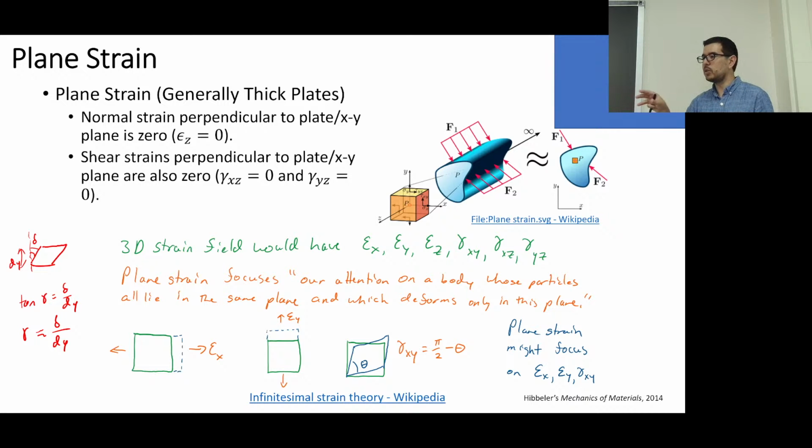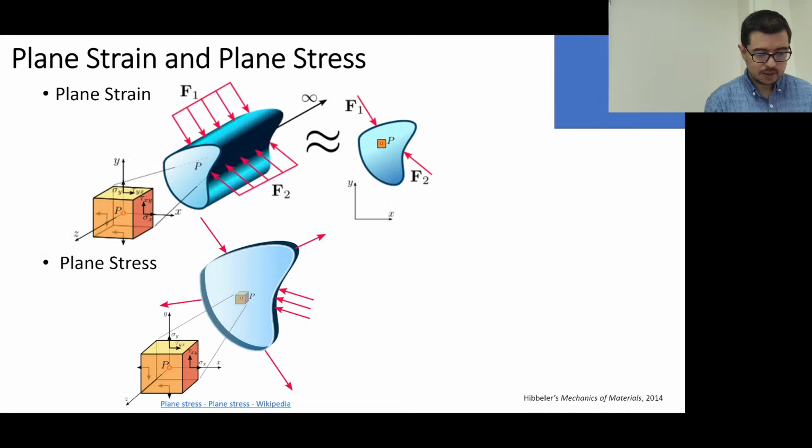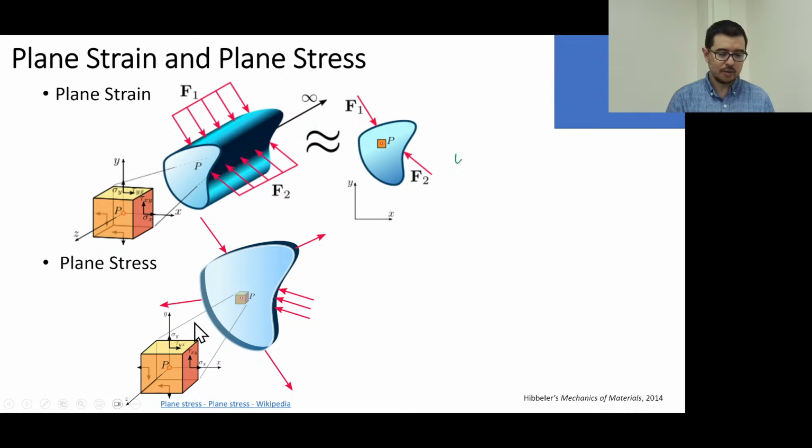All those were equal to 0. Similarly, we're going to be drawing these planar elements just like we drew them for plane stress, but we're going to be thinking about them in terms of strain. So, plane strain, thick; plane stress, thin.